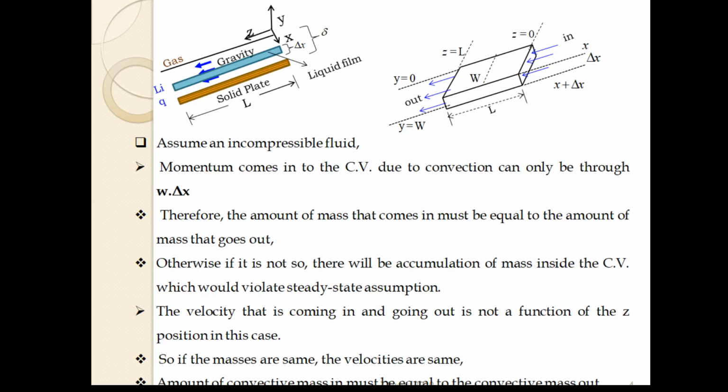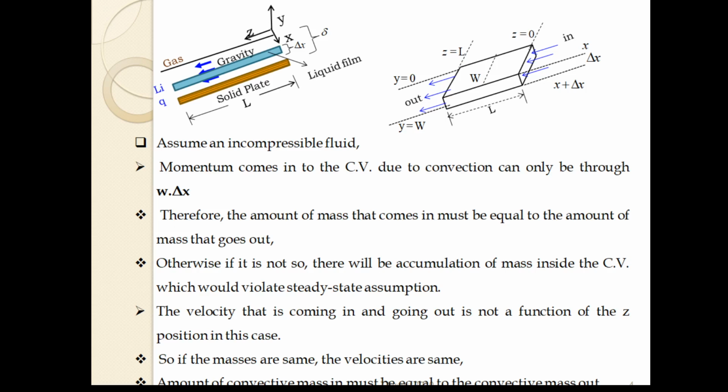If equal mass going in and going out is not considered, it is a violation of our steady state assumption. Whenever we make steady state assumptions, there should not be any accumulation of mass inside the control volume. Whatever mass goes in, goes out.